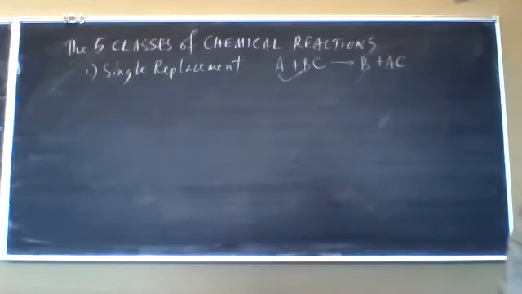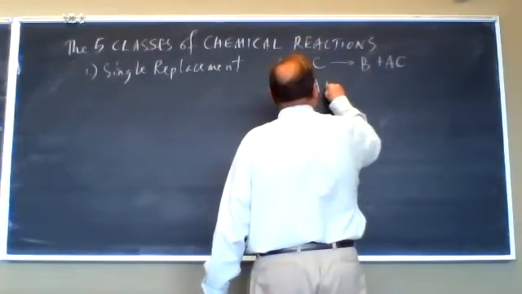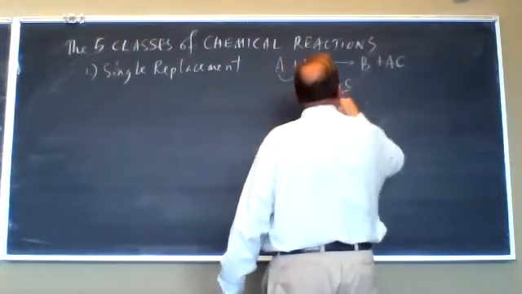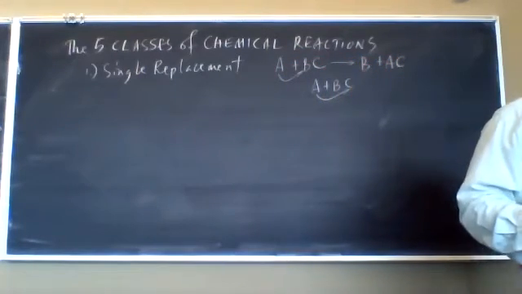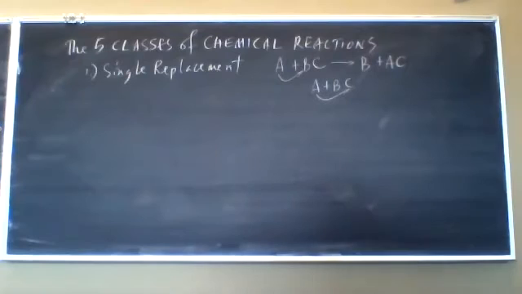And we have the new chemical compound AC. Now, we called that cationic replacement. It is also possible for anionic replacement to occur. In that situation, instead of replacing B, the cationic portion of the compound, A is going to replace C, the anionic portion of the compound.